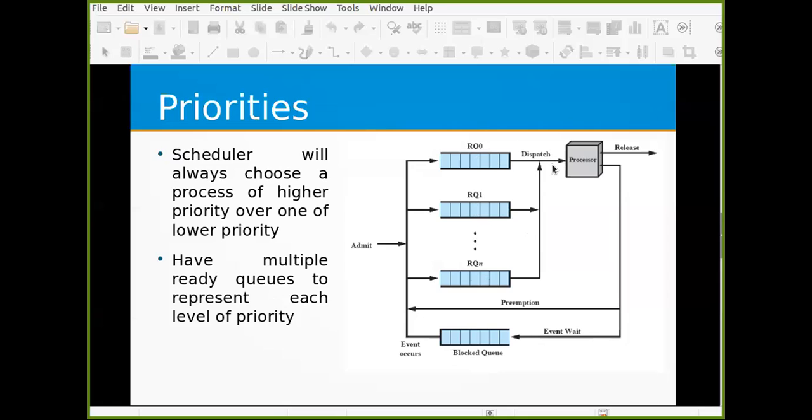Whenever the dispatcher needs to decide which process will run next, at least one process is always there in any of these two queues. When will the process in this lowest ready queue get a chance to run?